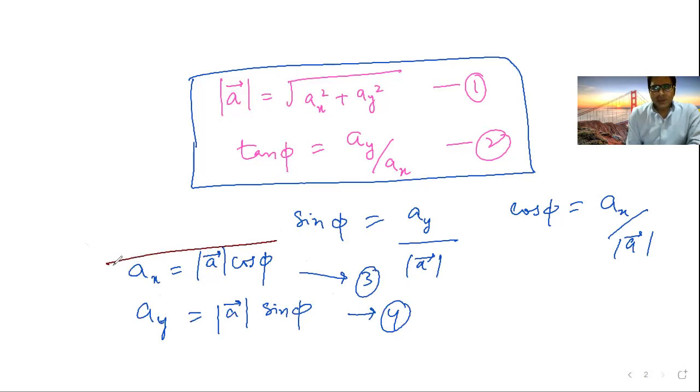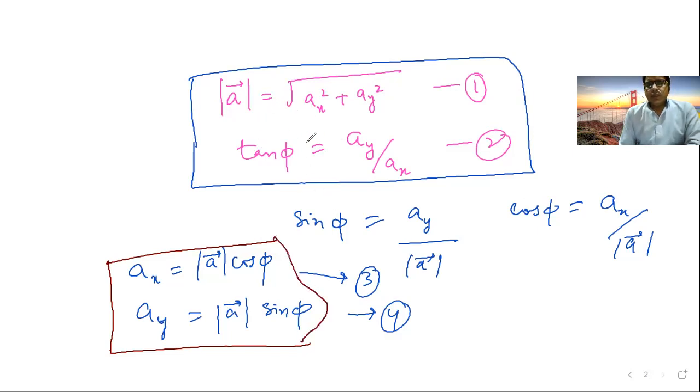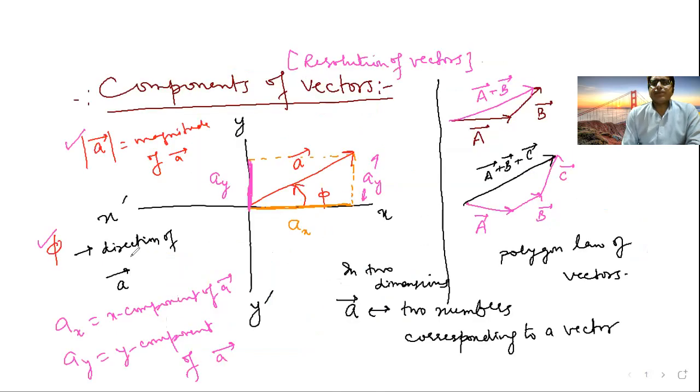So observe these equations, what they say. Now these two equations give us these two numbers, magnitude and direction phi, if I know the components. This is reverse. Here, if I know the magnitude and direction A and phi, I can find the rectangular components. So ax is A cos phi, ay is A sine phi, right?